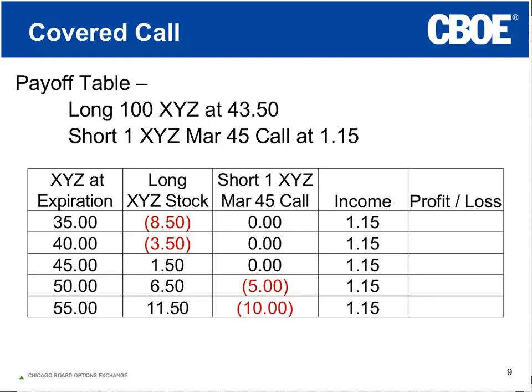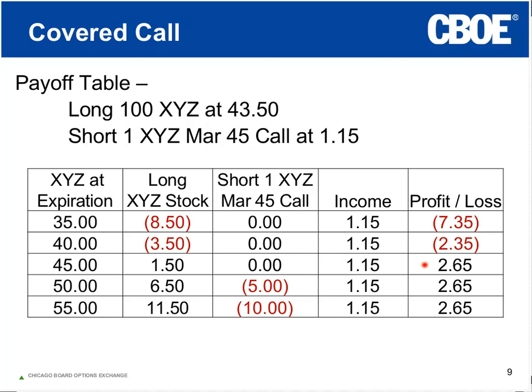Now we can sum up these three columns: the profit and loss on the stock, the value of the option contract, which is a negative value for us if it's in the money at expiration. Anywhere from 45 and lower, there's no value in that option contract. And then the income that we took in when we first sold the call option. And the result on the overall covered call position is represented in the final column here, the profit or loss on the position.